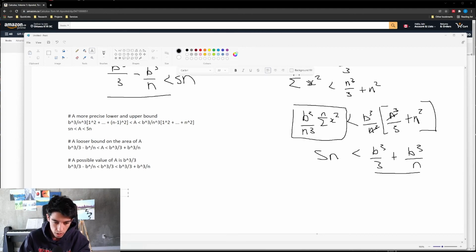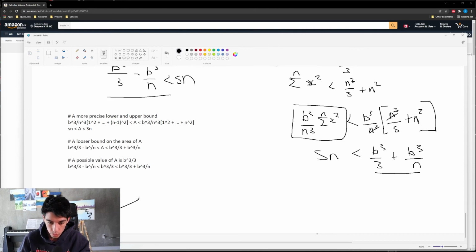Can a be 1, b cubed over 3, 2, less than b cubed over 3, or 3, a is greater than b cubed over 3. We'll make an assumption, and we will prove that a can only be equal to b cubed over 3.